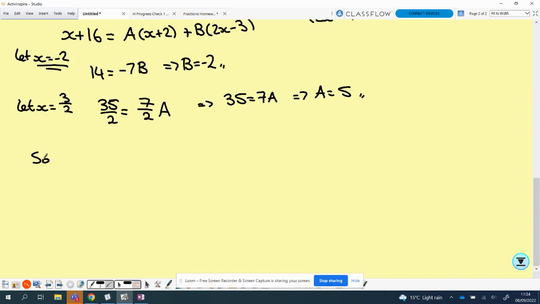So the integral of x plus 16 over 2x squared plus x minus 6 becomes the integral.